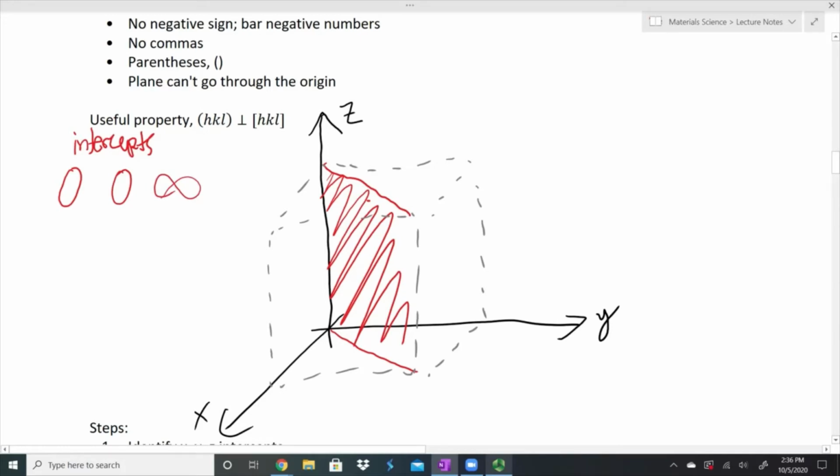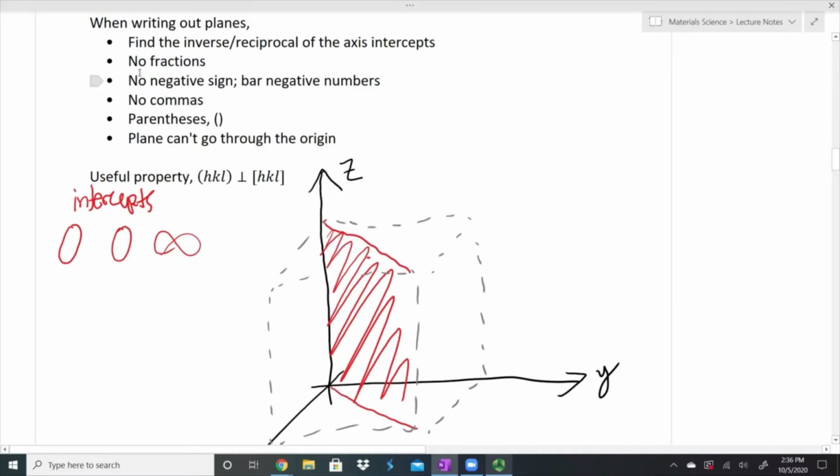And this is going to be a problem because the first thing that we're asked to do is find the inverse or the reciprocal of our intercepts. Infinity, I guess you could flip around and say that's 0. But if I take 0 and invert it, then this becomes infinity and this becomes infinity here.